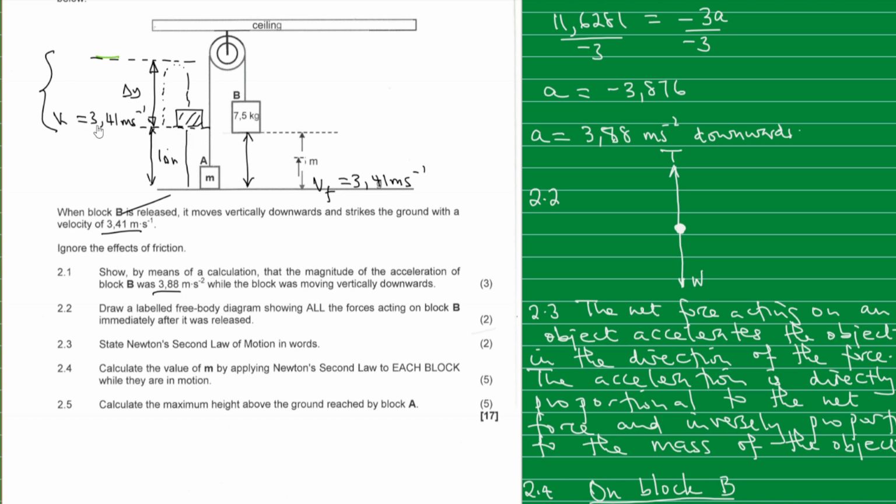The velocity of the block at this lowest level is going to be the initial velocity, and when it reaches the maximum height, there is going to be a final velocity of 0 meters per second. So we have that piece of data, and displacement is what we can calculate.